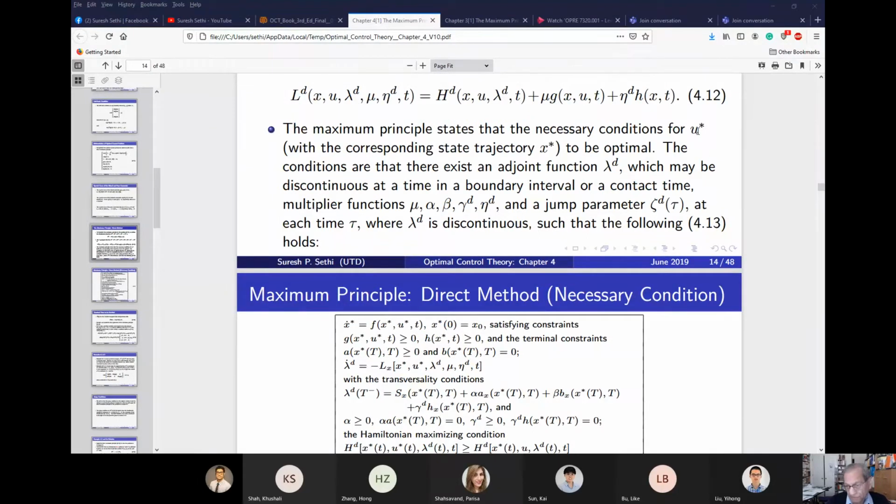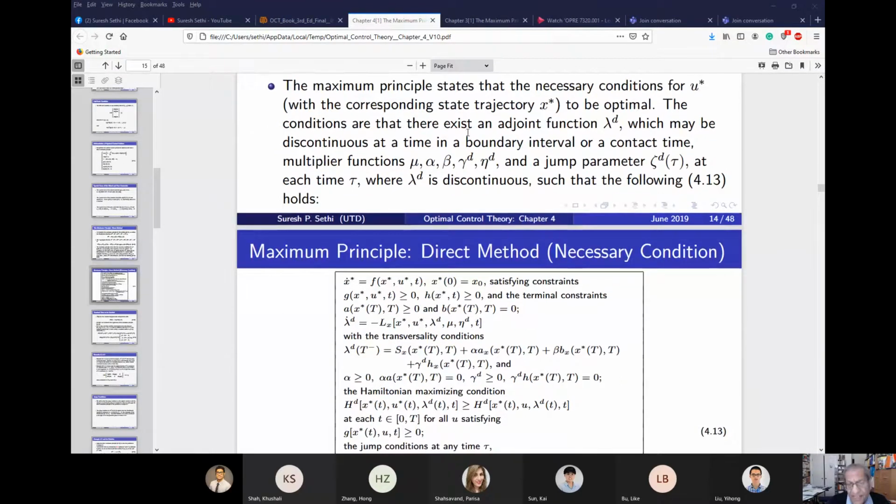Necessary condition. Suppose u star is optimal and it gives you x star, which is the trajectory. Then there exists a lambda d, which may be discontinuous at time in boundary interval or at contact time. As we know, we have to allow that.